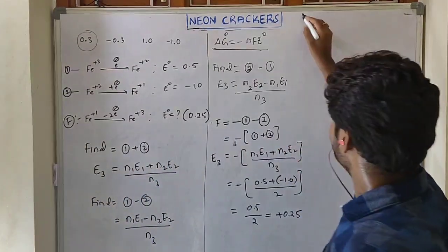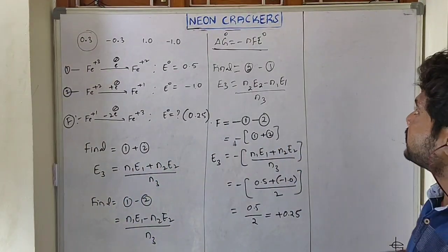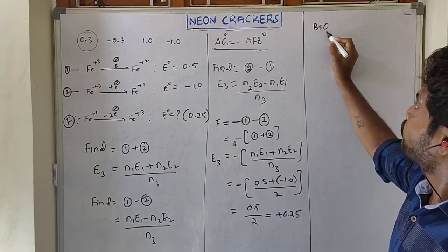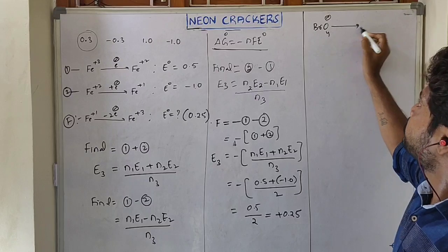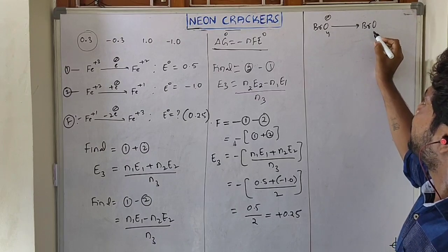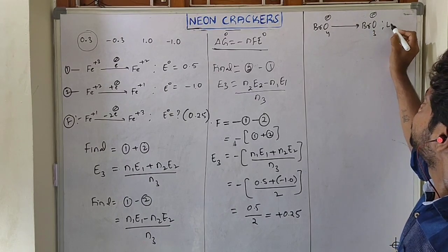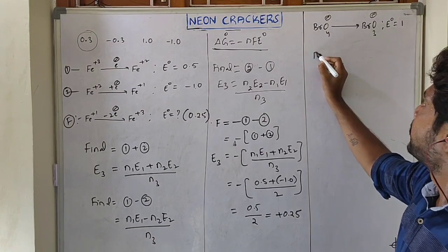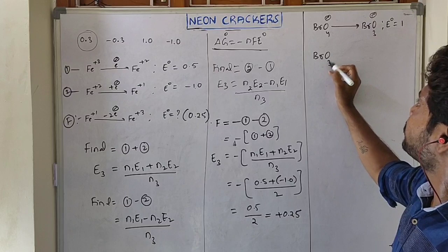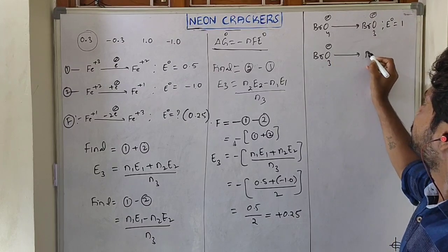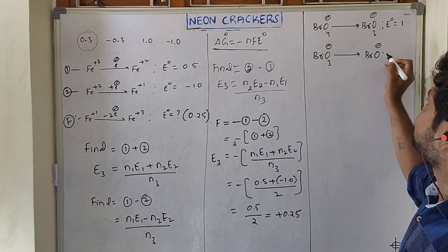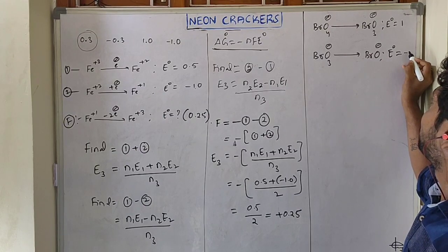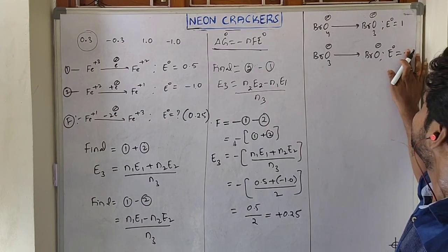This is our shortcut. Suppose another example: BrO4 minus to BrO3 minus with E0 given as 1, and BrO3 minus to BrO minus with E0 given as minus 0.8.